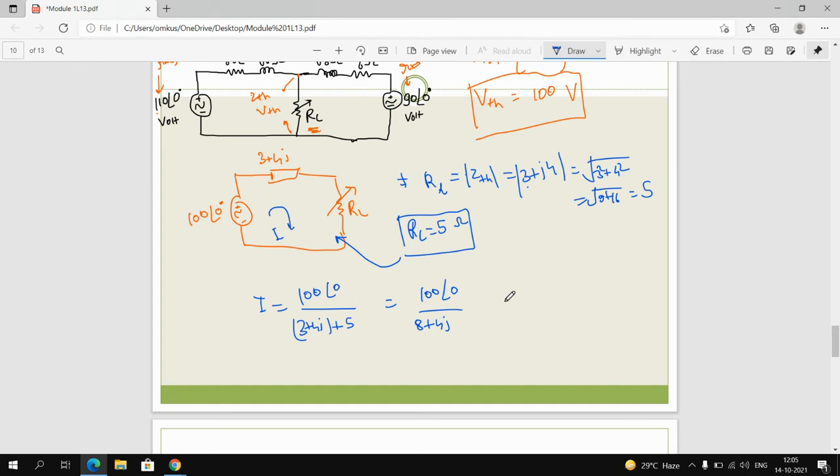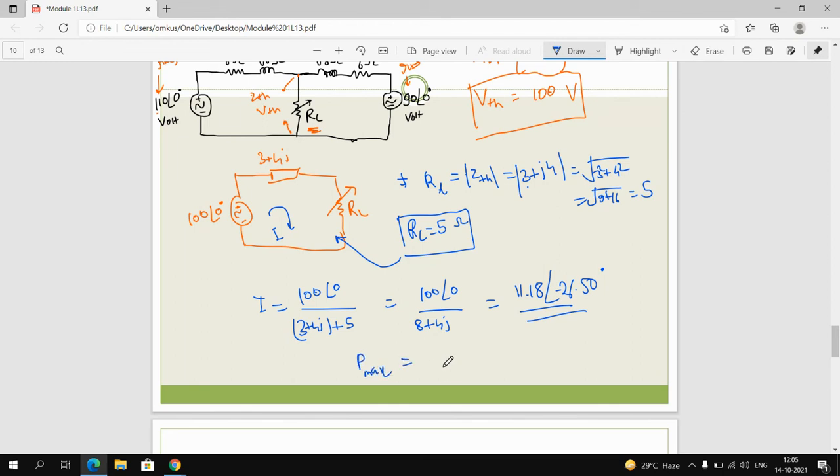And when you solve this, the final answer of this IL is 11.18 at an angle of minus 26.5. Okay, now once you calculate this value of current, what is the value of Pmax?